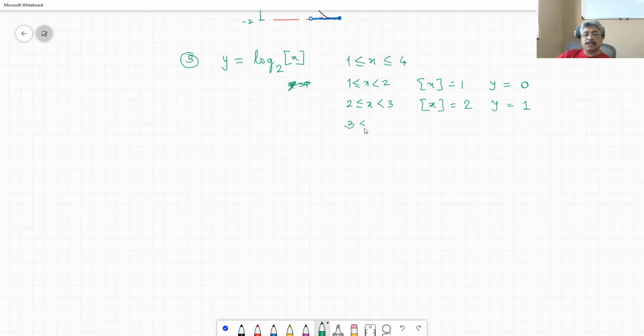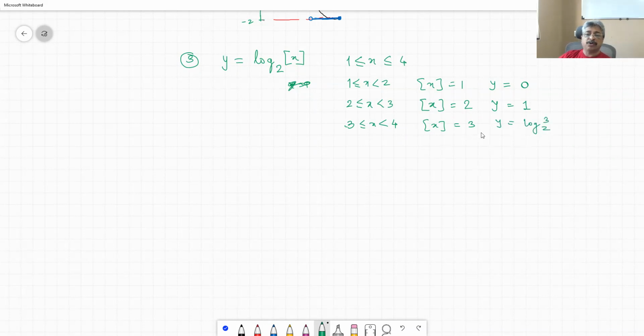Between 3 less than or equal to x less than 4, greatest integer x is equal to 3, correct? Therefore y is log 3 to the base 2.